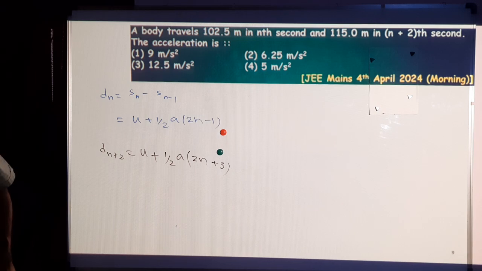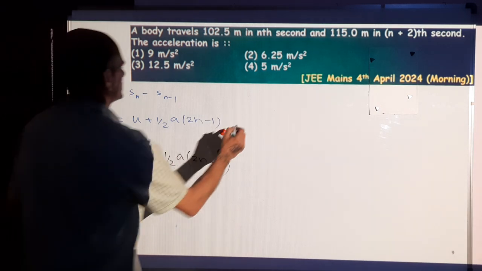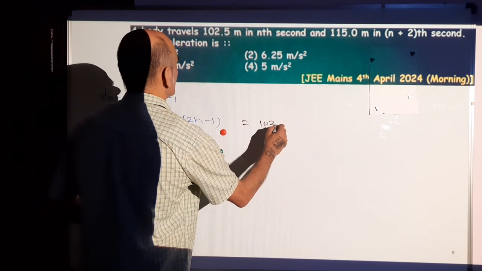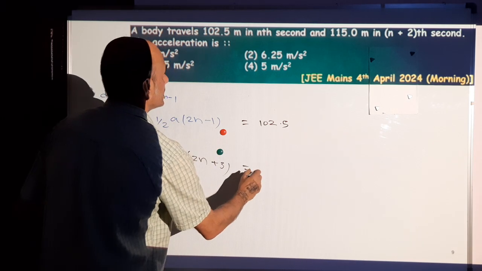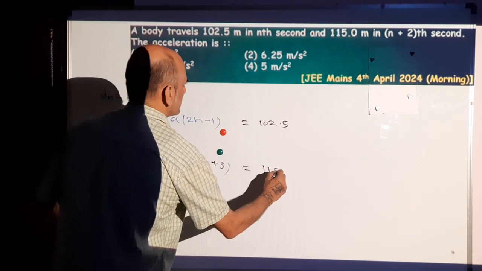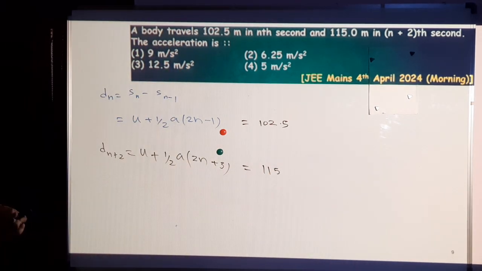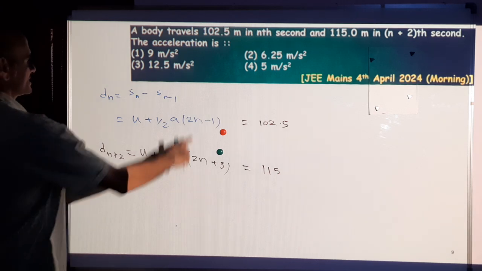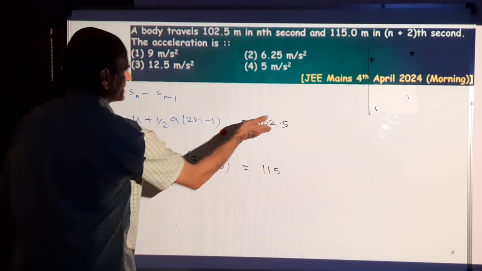So this is given as 102.5 meter, and this is 115.5 meter, SI units. So to find the acceleration, we can subtract these two, this minus this.